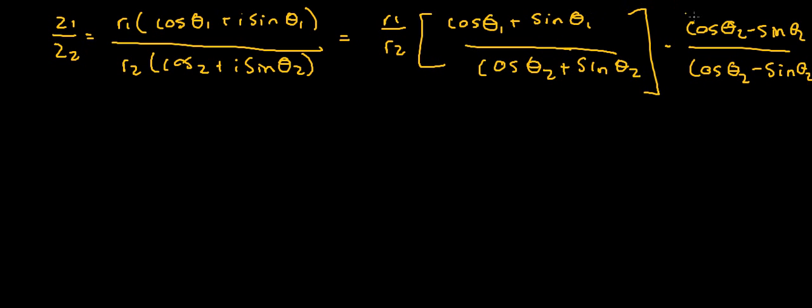If I didn't multiply by the conjugate, then in the middle term I would get cosine squared theta 2 plus 2i cosine theta 2 sine theta 2, and then I would get minus, oh, this is an I, my bad, forgot about that, and then minus sine squared theta 2, which would cancel out to be minus 1.